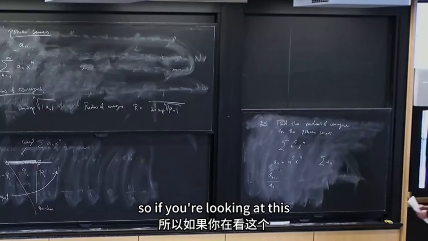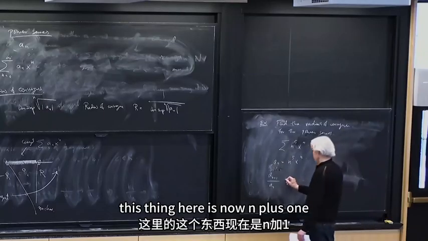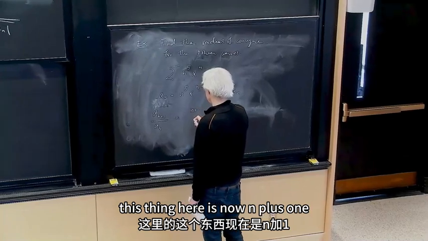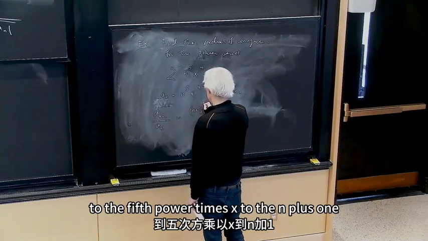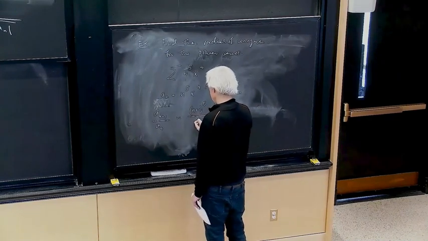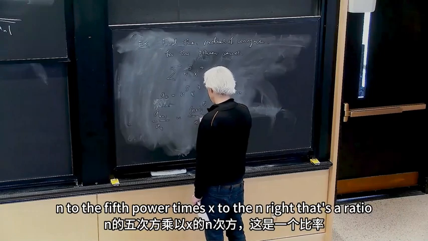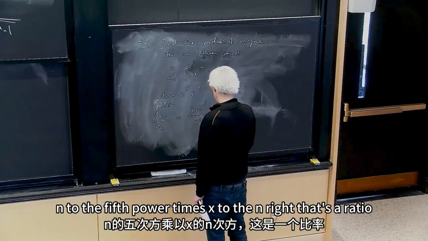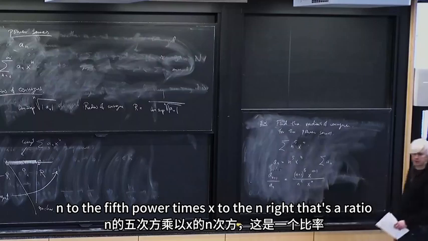So you're looking at (n+1) to the 5th power times x^(n+1), divided by n to the 5th power times x^n. That's that ratio.